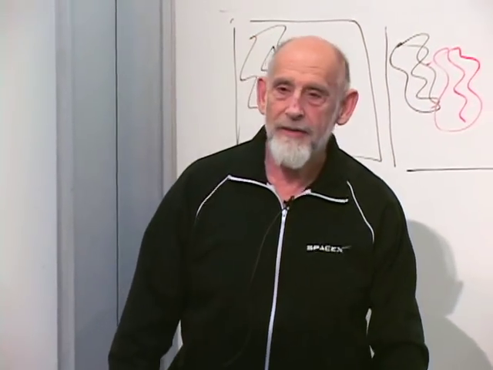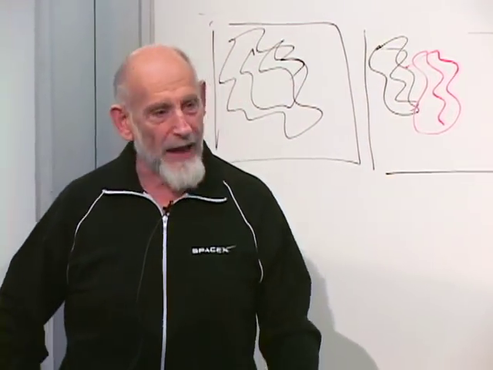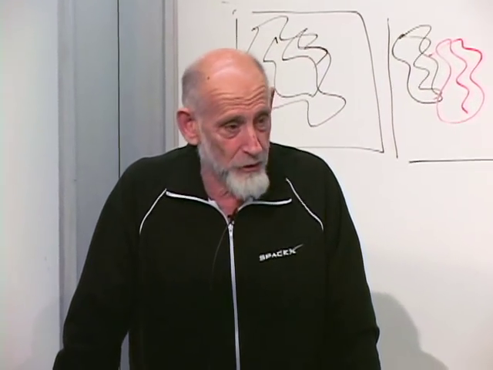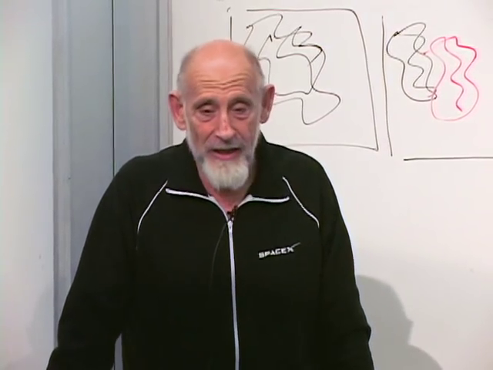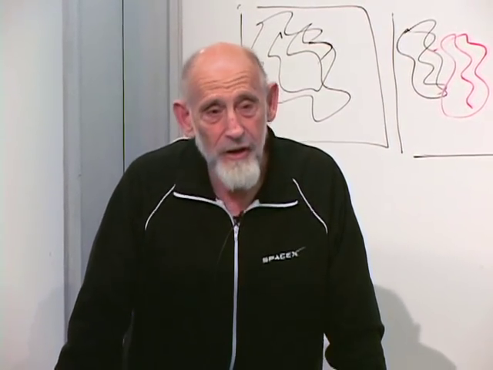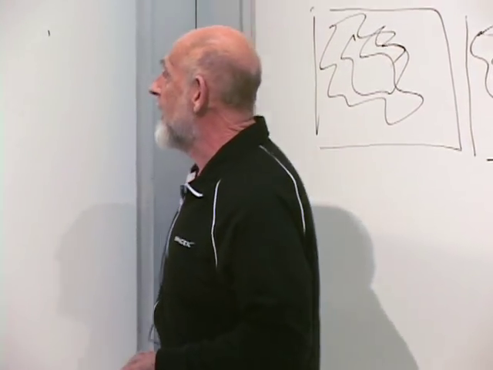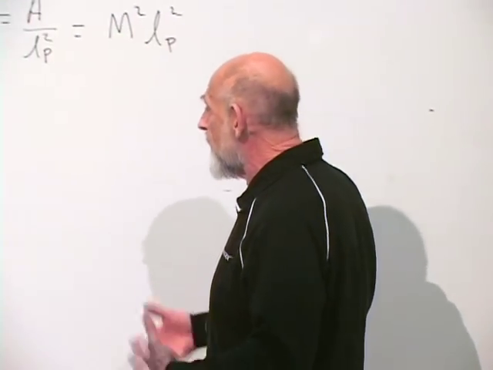If a string is a black hole, and a black hole is a string, and what else could a black hole be in string theory but a string? There's nothing in string theory except strings. So if a black hole is a string, it should satisfy some rules of string theory.